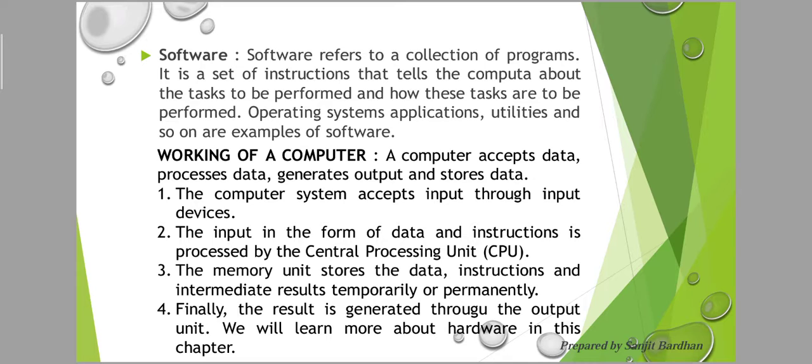The main three units of the CPU are the arithmetical logical unit, control unit, and memory unit. These three units combined are called the CPU. The memory unit stores the data, instruction, and intermediate results temporarily or permanently. Finally, the result is generated through the output unit.